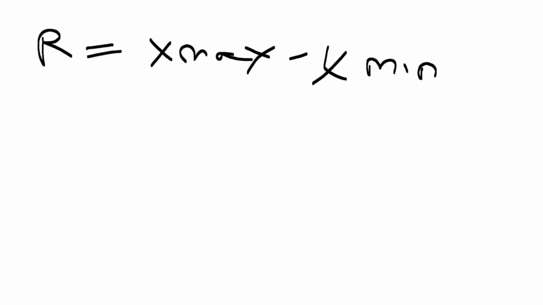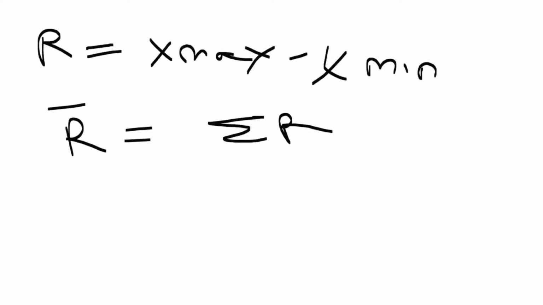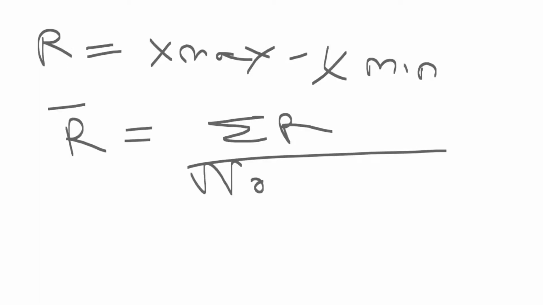If you only see this, you will also score. It is very simple. Then R mean we have calculated, that is summation of R over the number of subgroups.